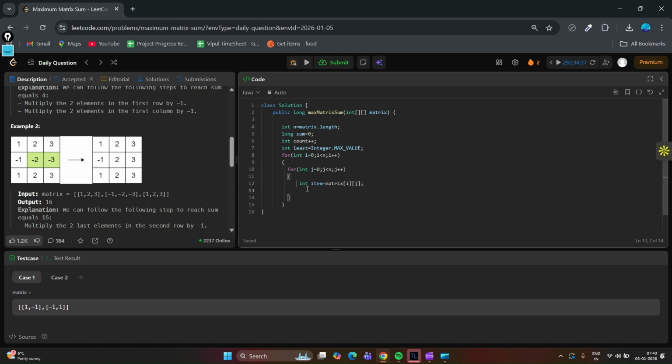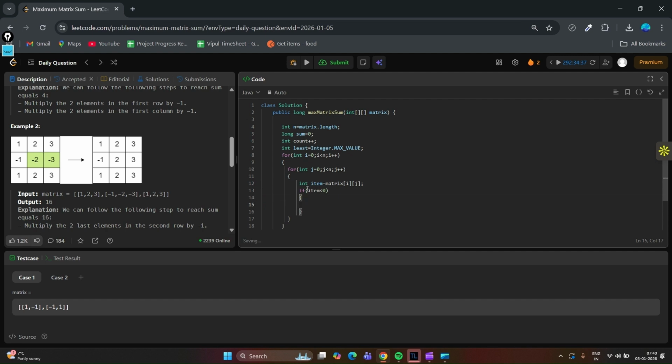Now we have to check whether the item is greater than 0 or less than 0 for the negative checking. So if item is less than 0, it means it is negative. So what should I do?